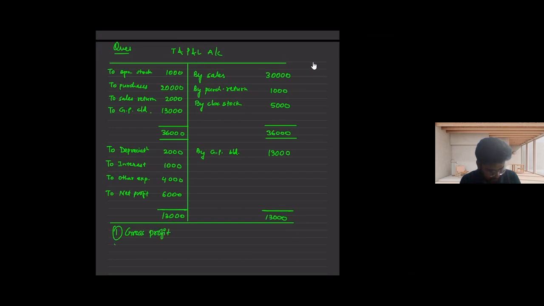Third, operating ratio. Fourth, operating profit ratio. And at last but not the least, expense ratio by the formulas which we have just calculated.